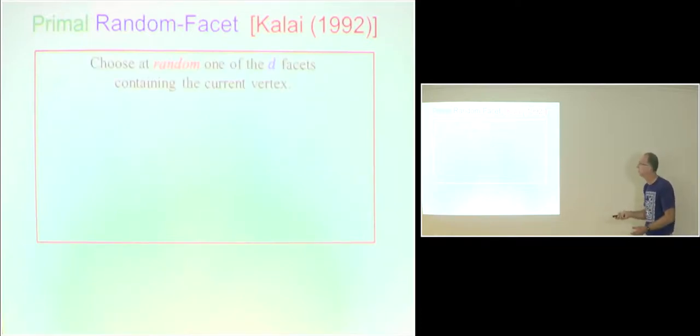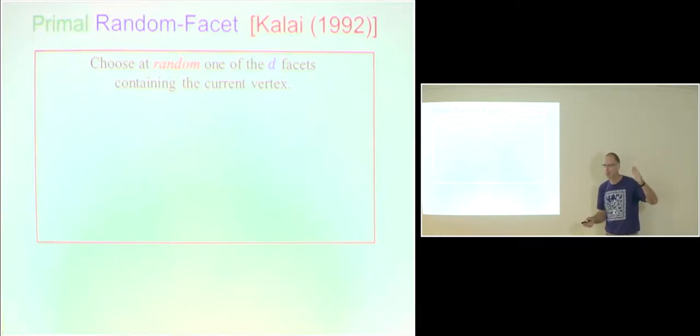So here's the algorithm. We are at a given vertex of the polytope. This vertex is on the intersection of d facets. So what we do now is we choose at random one of these d facets.